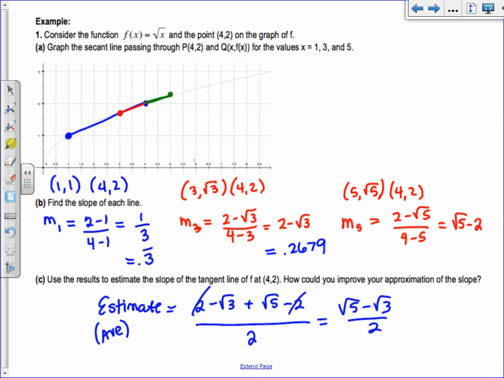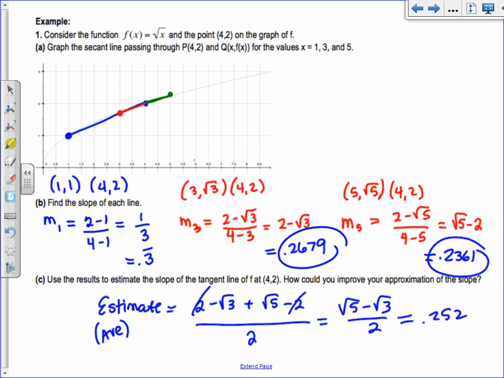Root 5 minus 2 is 0.2361, somewhere around there. So what we're doing is finding the average of the two that were closest. So I'm guessing it's going to be somewhere between 0.26 and 0.23. All right, so square root of 5 minus square root of 3 divided by 2, so 0.252 is the approximation.